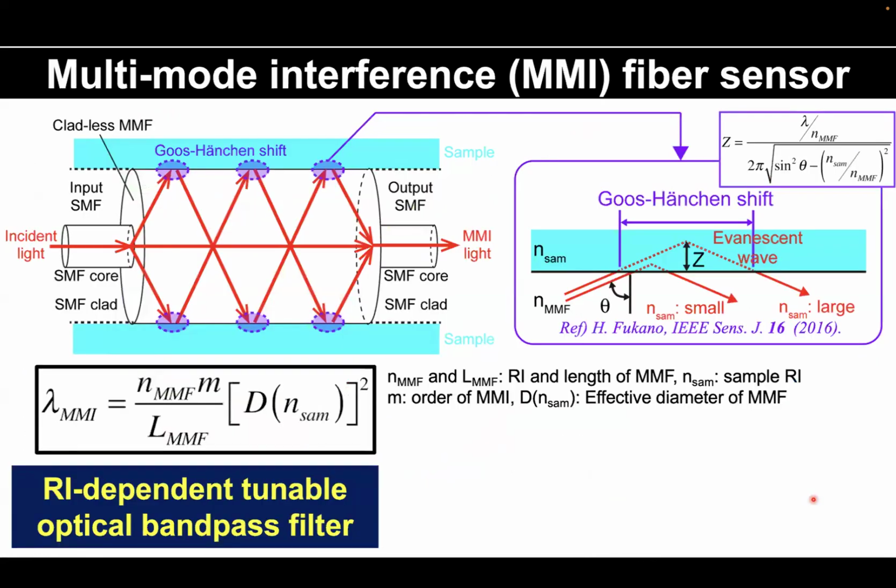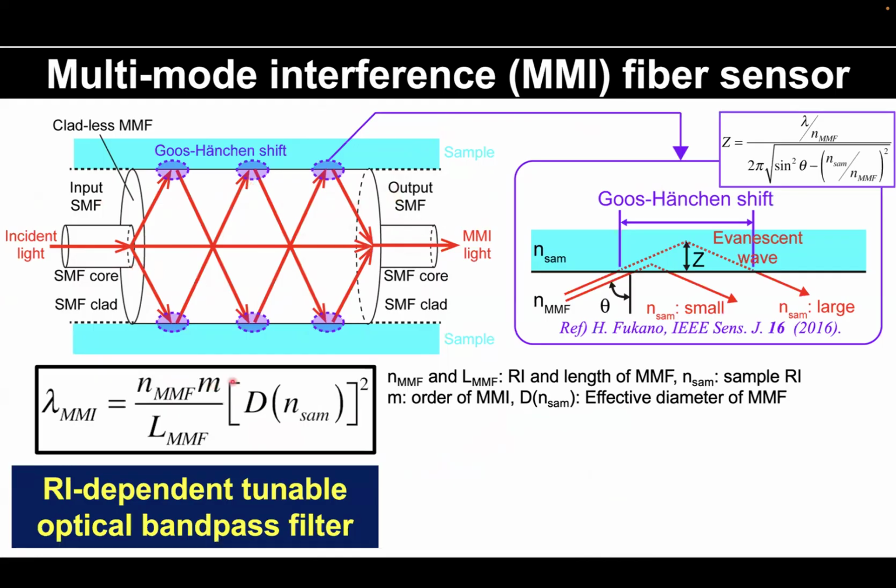We here use a multimode interference or MMI fiber sensor for the optical biosensing. The MMI fiber sensor is composed of a coreless multimode fiber together with input and output single-mode fiber at both ends. The incident light is diffracted, repeats total reflection, and goes toward the output SMF.